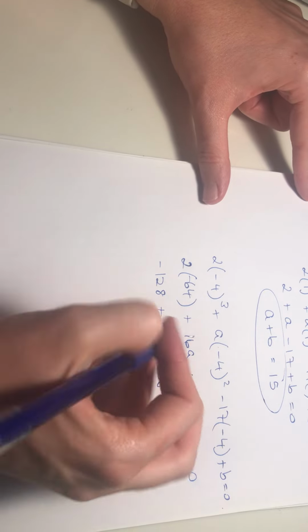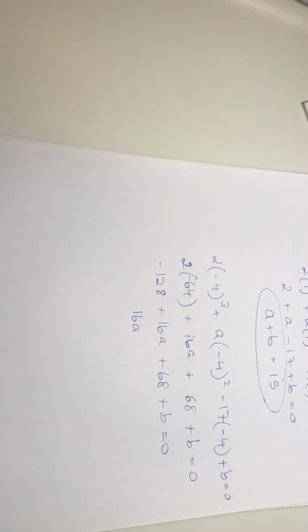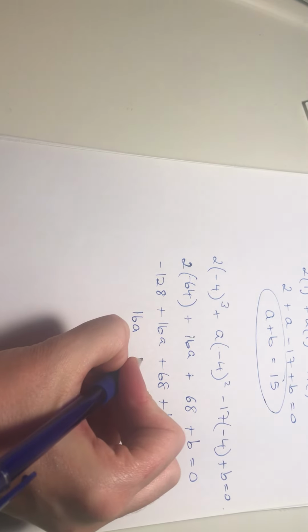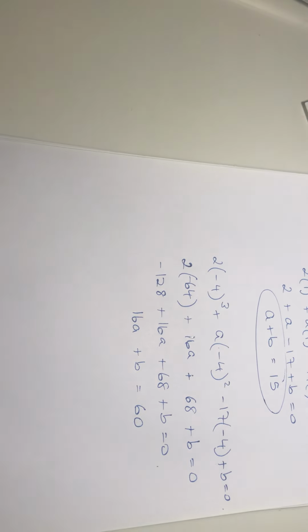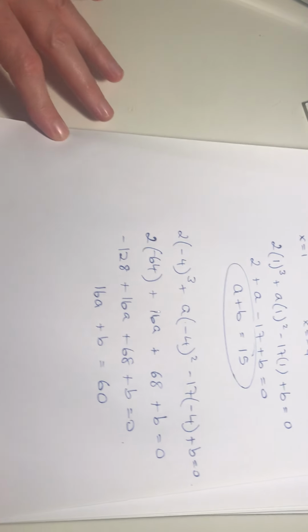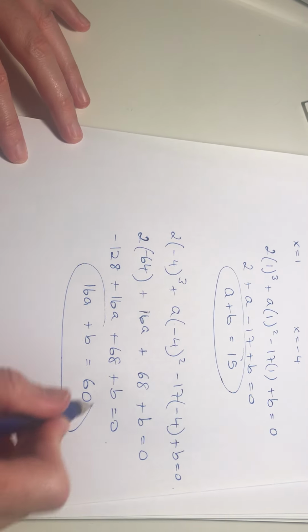And we have 16a, 128, 68, plus b equals 60. And there's a second part of my simultaneous equation.